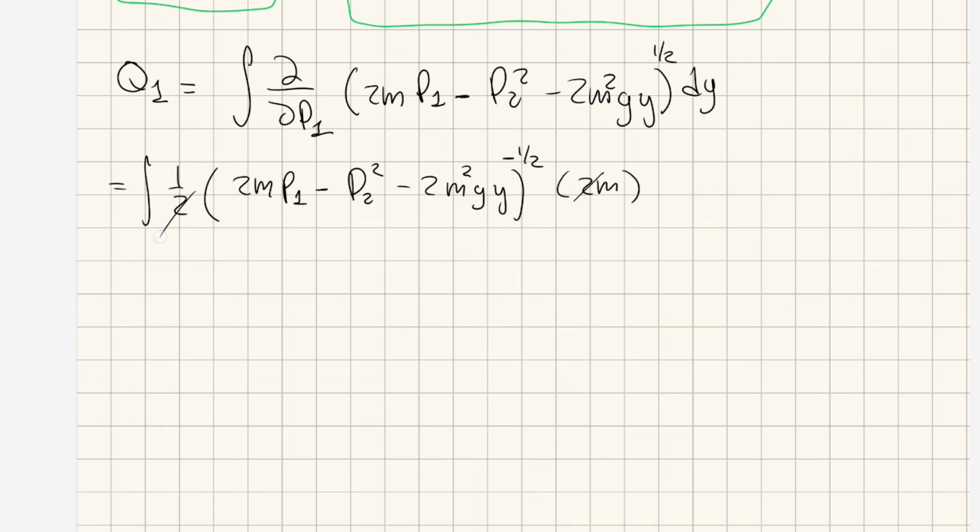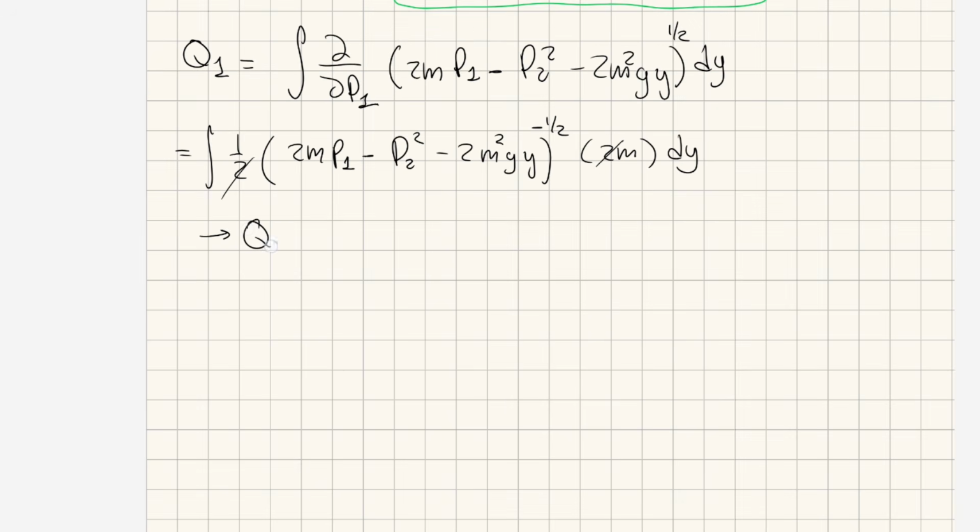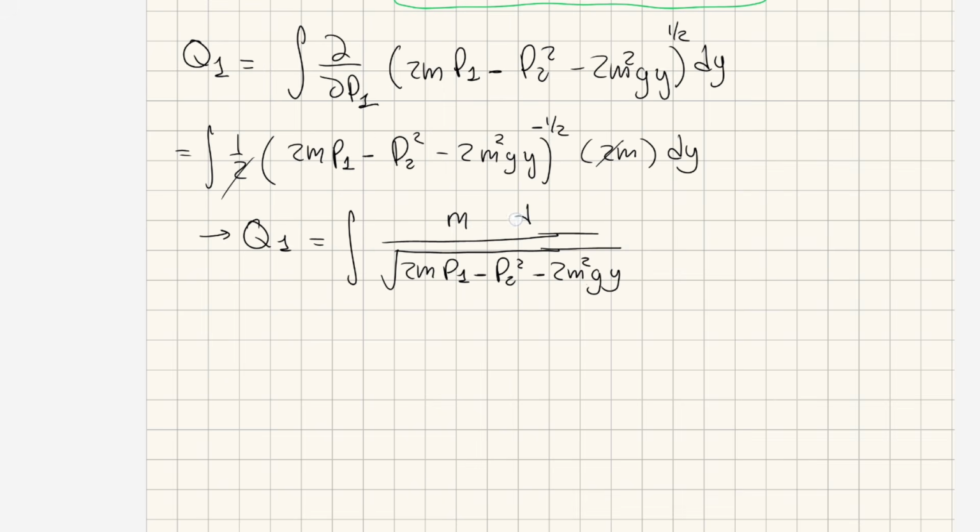So this 2 cancels with this 2. We got dy here. So that means that q1 is going to be equal to the integral of m divided by the square root of 2m p1 minus p2 squared minus 2m squared gy dy.